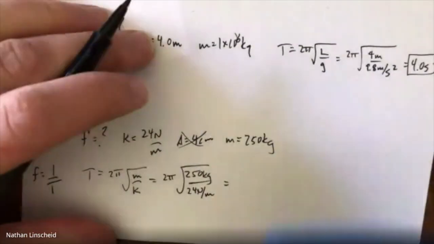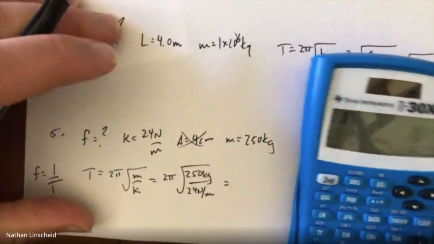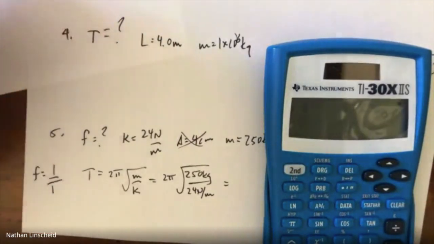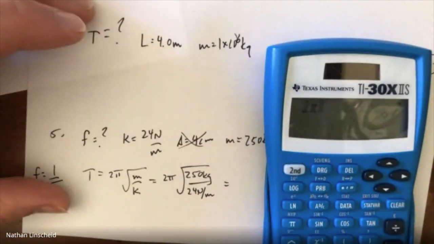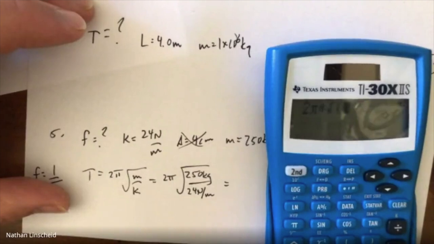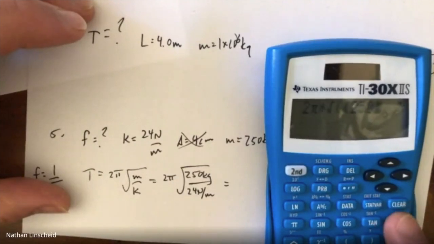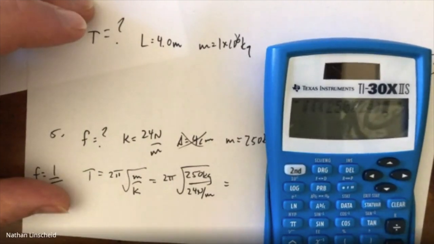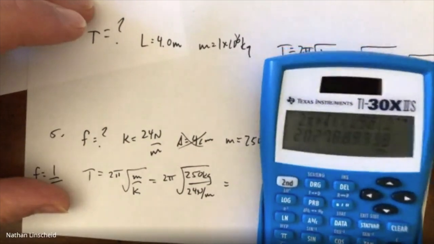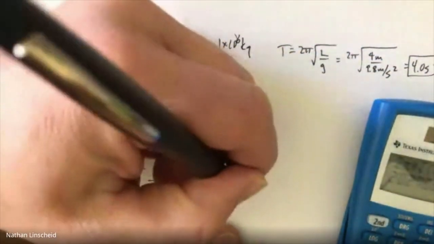And let's see what that is here. 2 pi times the square root of 250 divided by 24 equals 20.2 seconds. Now again, that's the period. That's not what we want. We want the frequency.